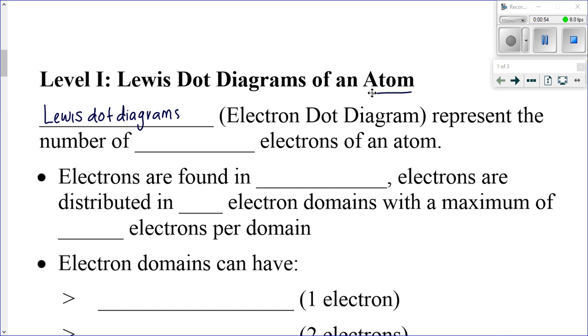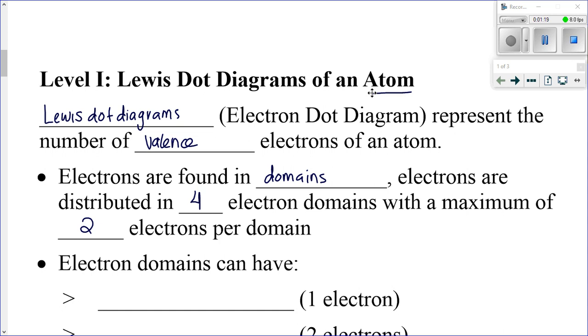They basically represent the number of valence electrons of an atom. Electrons are found in domains, and they are distributed within 4 electron domains with a maximum of 2 electrons per domain.